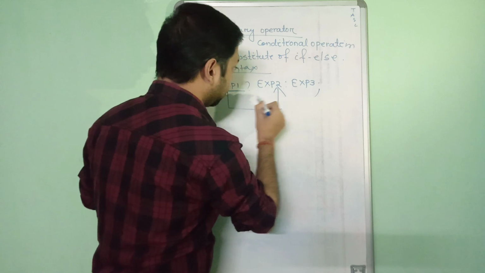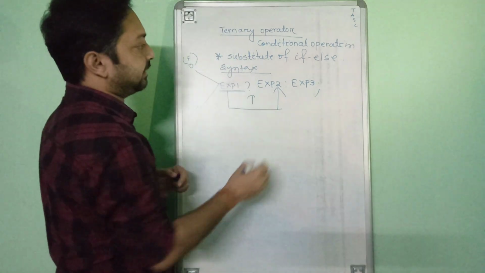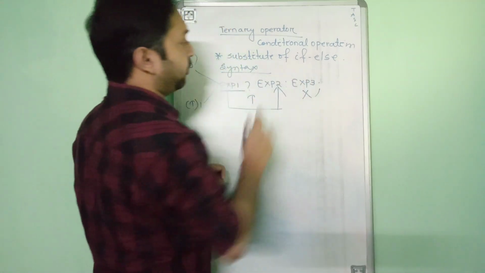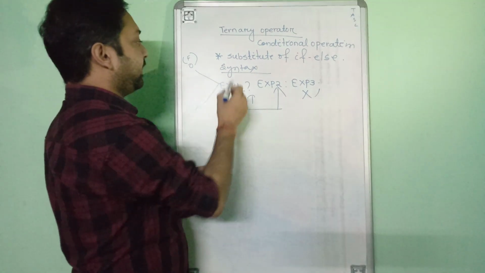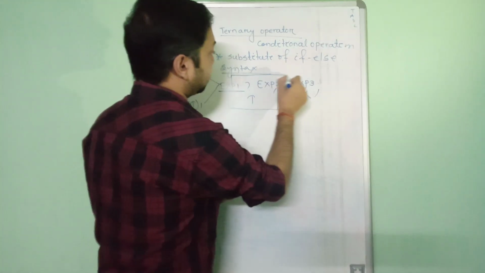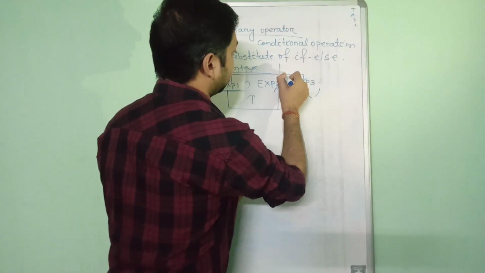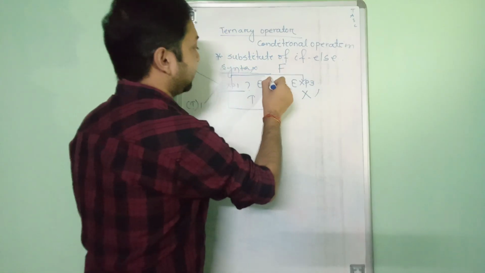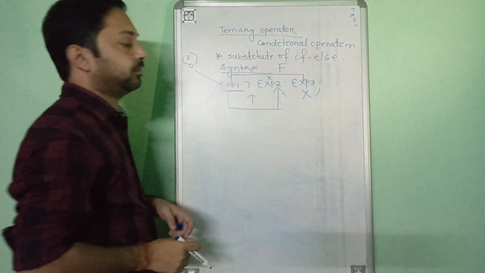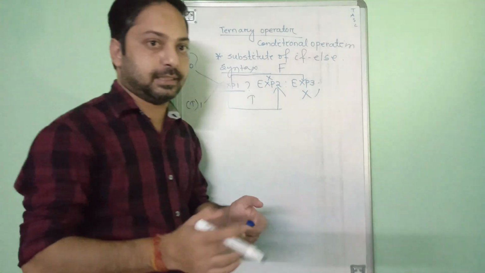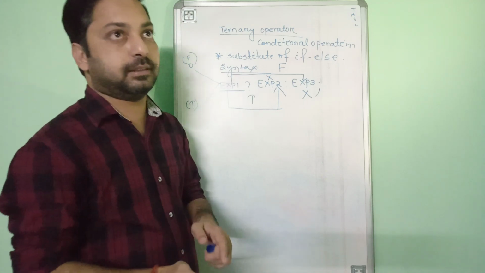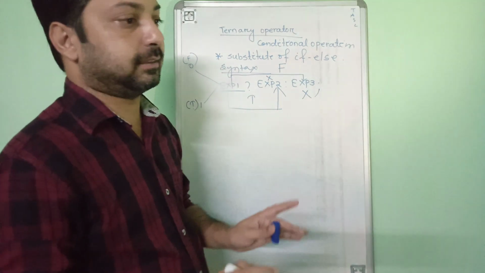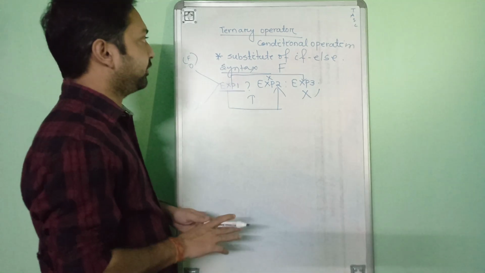Then output will be our expression 2. At that time expression 3 doesn't have any task to perform. Similarly, if expression 1 is found to be false, then output is your expression 3. At the same time, expression 2 will not perform any task. Similar to if-else. If the condition is true, the if part gets executed, otherwise the else part will perform that particular task.